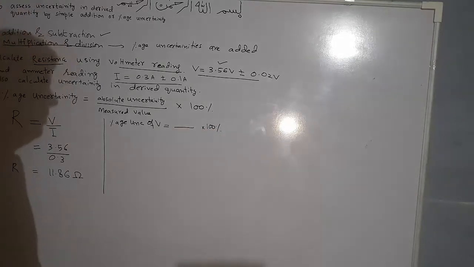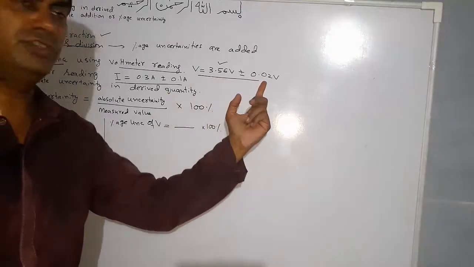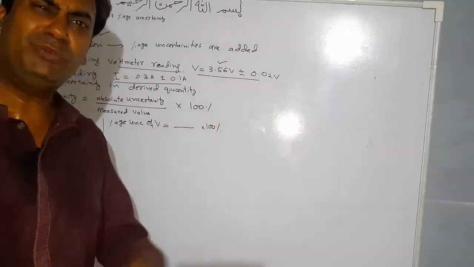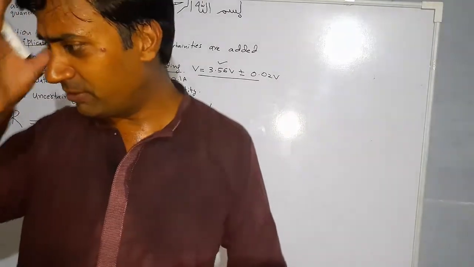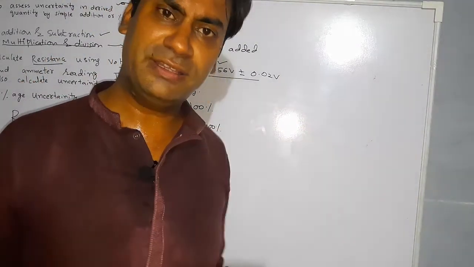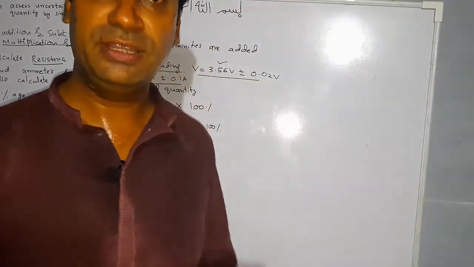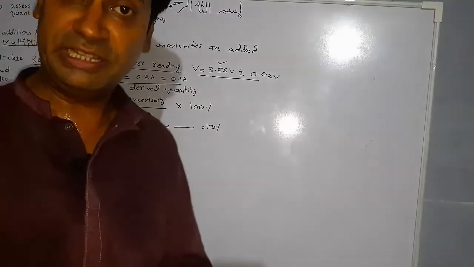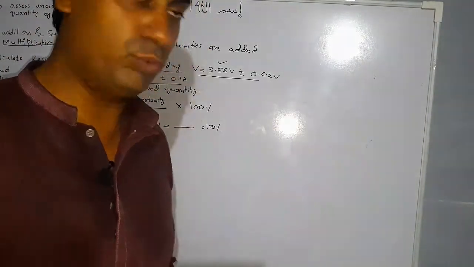What is the absolute uncertainty for the voltage? 0.02. We may have different kinds of voltmeter, but not to worry about that. We use 0.02; if we have any other instrument, whatever least count is indicated there, we can use that.